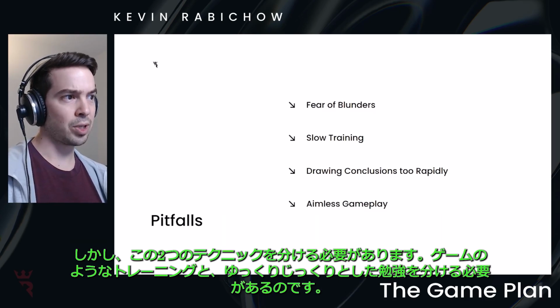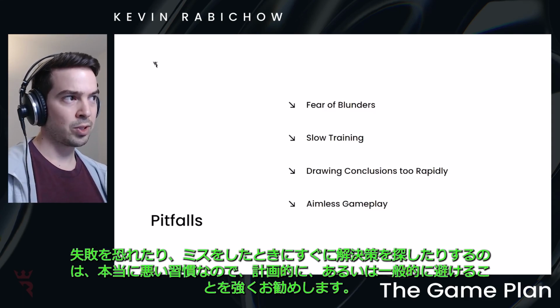But we need to separate those two techniques. We need to separate the game-like training from the slow, deliberate study. So a fear of blunders or just a habit of looking up the solution right away as soon as we make the mistake is a really bad habit that I strongly encourage you to plan around or just to avoid in general.